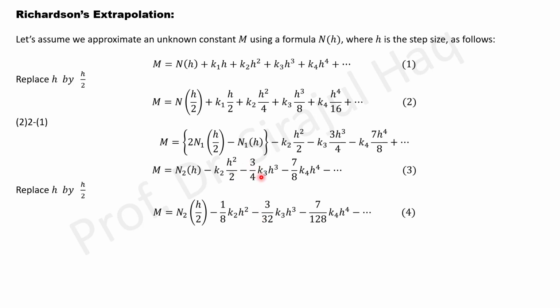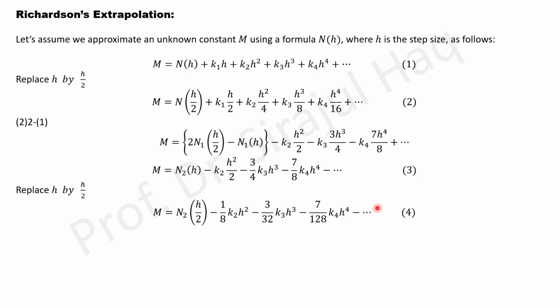So minus 3 k3 h cube divided by 32, that's the term we are getting. Similarly, if you replace h by h/2, this will be h by 2 raised to the power 4, which will be h raised to the power 4 divided by 16, and 16 multiplied by 8 is 128. So minus 7 divided by 128 k4 h4, and similarly the rest of the terms.